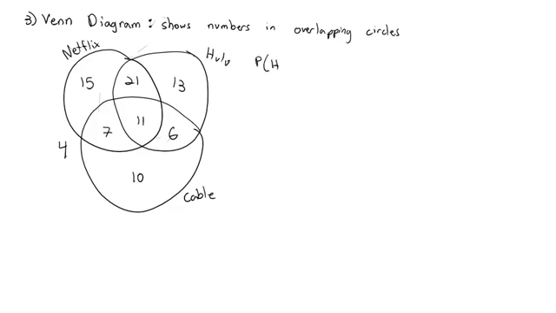For example, if I want to know the probability a random subscriber uses Hulu, well, then I'm going to look at the Hulu circle. Exclusively the Hulu circle. Notice there's 4 numbers in there. We need to combine them all together because they all use Hulu. So there's 21 plus 13 plus 11 plus 6 people using Hulu out of a total, well, that would be everybody.